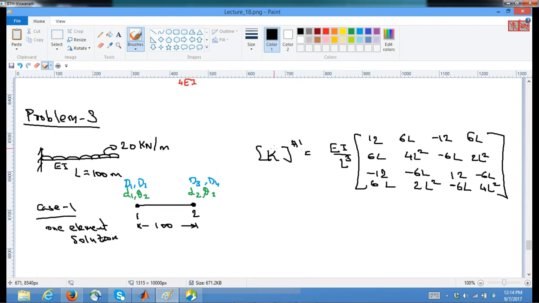Okay, so let us take our E equals to, so let's have some values.